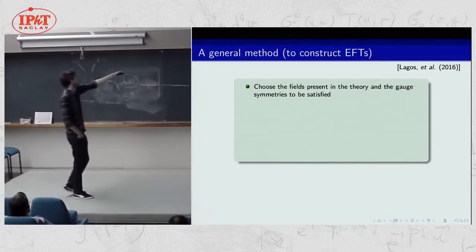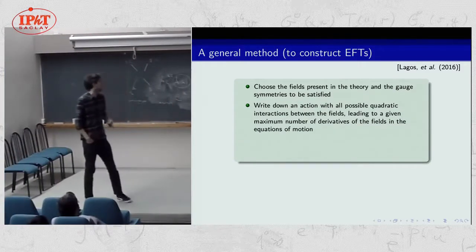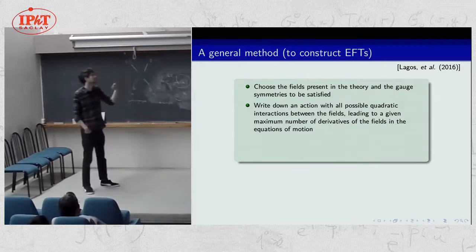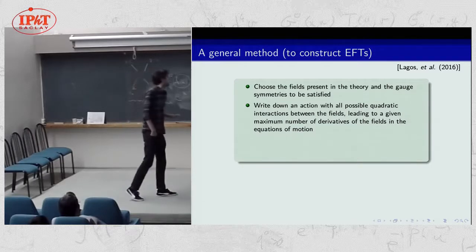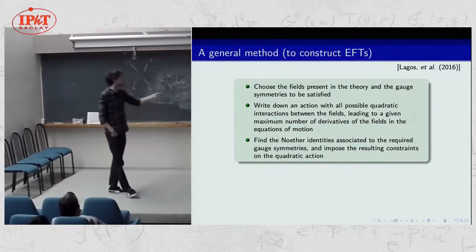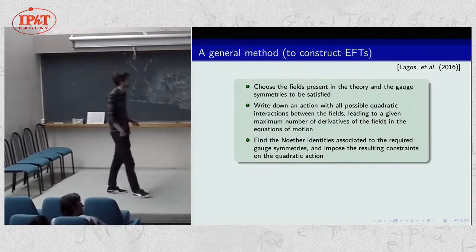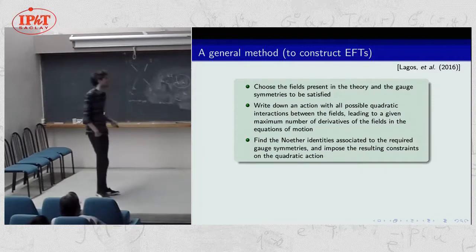You choose the fields present in the theory and the gauge symmetries to be satisfied. You write down an action with all possible quadratic interactions between the fields, leading to a given maximum number of derivatives of the fields in the equations of motion, and at the end you find the Noether identities associated to the required gauge symmetries and impose the resulting constraints on the quadratic actions.